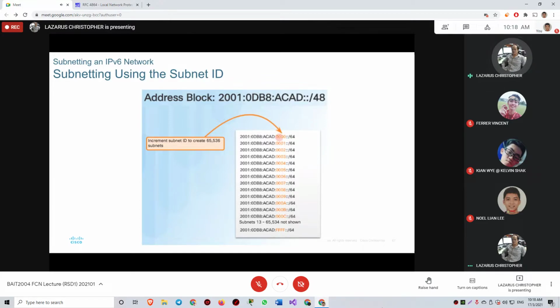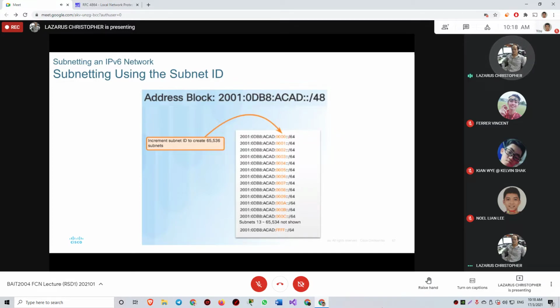If you only have one network, you just use 0000. If you have more, then you can use 0000, 0001, 0002, and this part makes it, even though it's only one, more unique again. And within each subnet, you have 2 to the power 64 minus 2 hosts, and for each interface ID part, you can see in our previous lecture that you can use the EUI-64 or the random technique to create the interface ID.